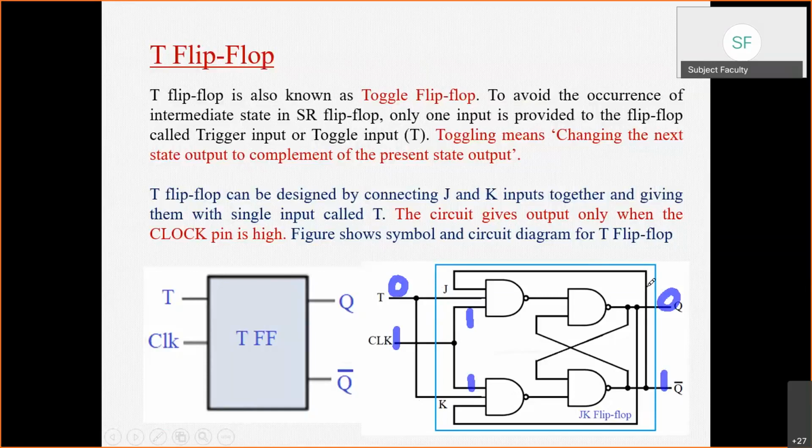This Q bar is connected to this particular terminal and it will be 1. This 0 is given as one of the inputs to the lower NAND gate. Now for this NAND gate, all the inputs are 1 1 1, so the output will be 0.